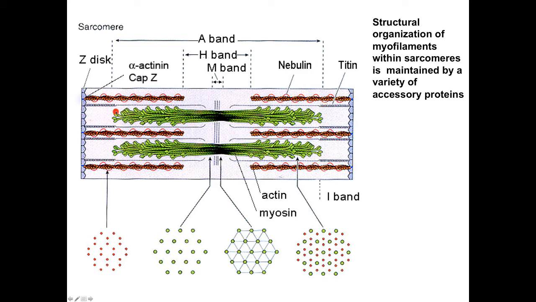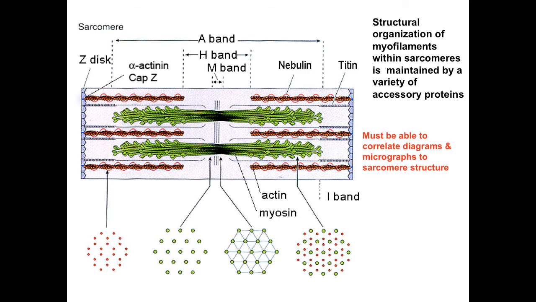Here would be the A band, like so, with the myosin molecules, and here would be part of the I band with the actin molecules, and you can see just labeled some accessory proteins like alpha-actinin, CAP-Z, nebulin, titin, and we'll come back and talk about those in a minute or two.